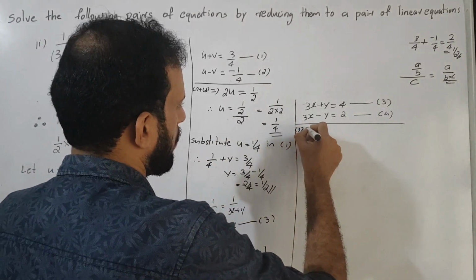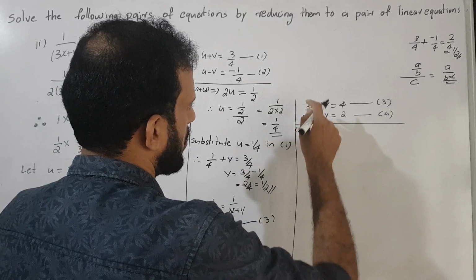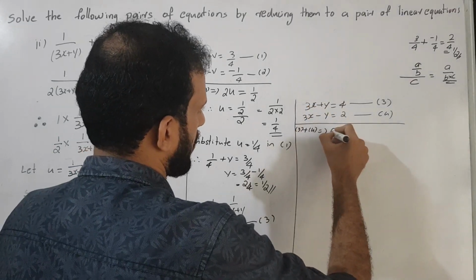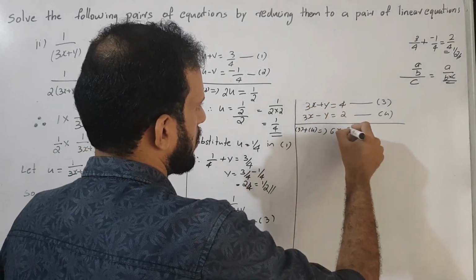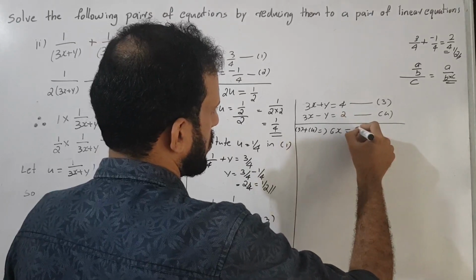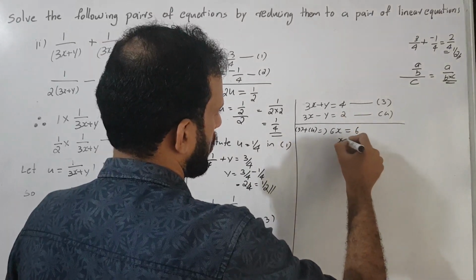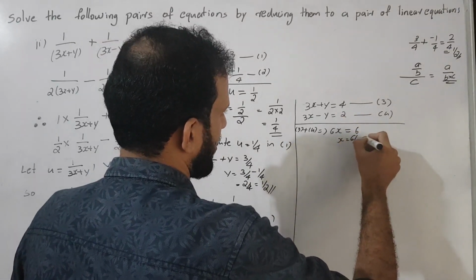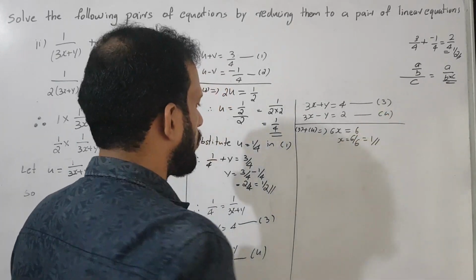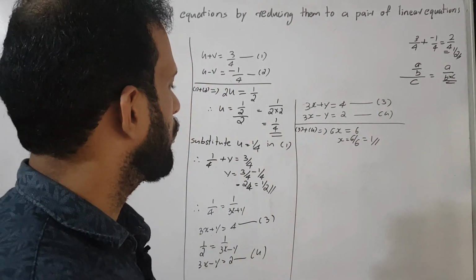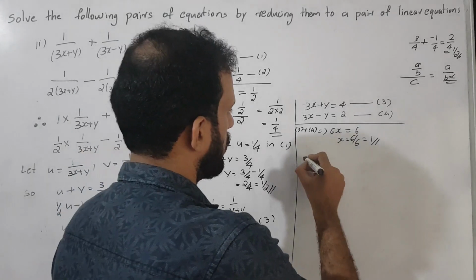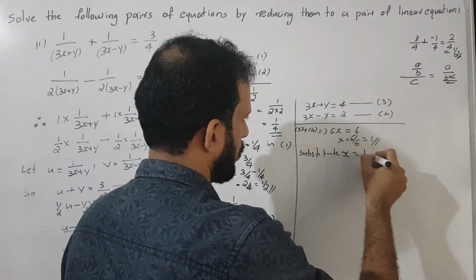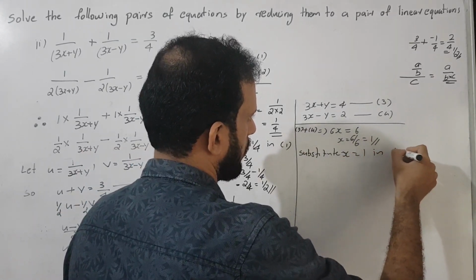Then equation 3 plus 4 implies 3x plus 3x, 6x. The y term is 0, then 4 plus 2, 6. Therefore x is equal to 6 by 6 is equal to 1. Correct? The next, substitute x is equal to 1 in equation 3.